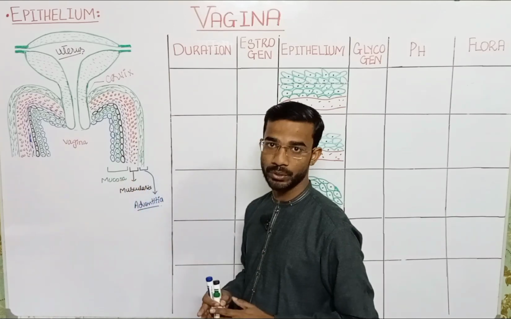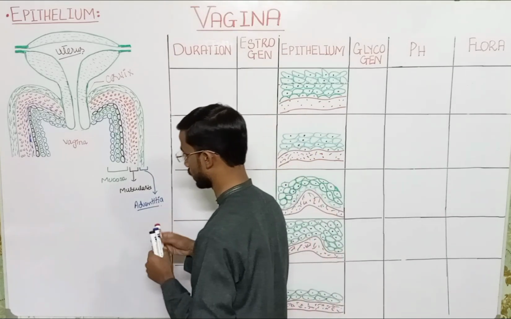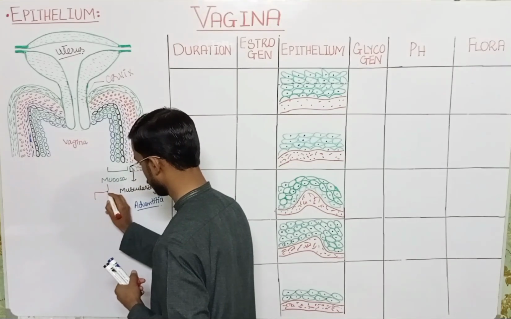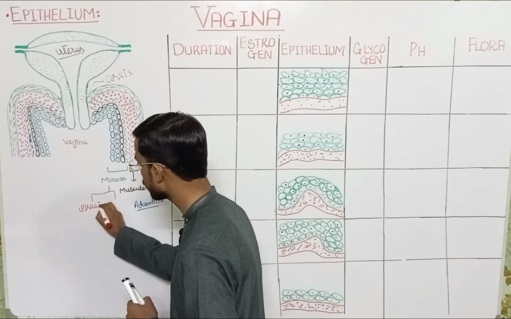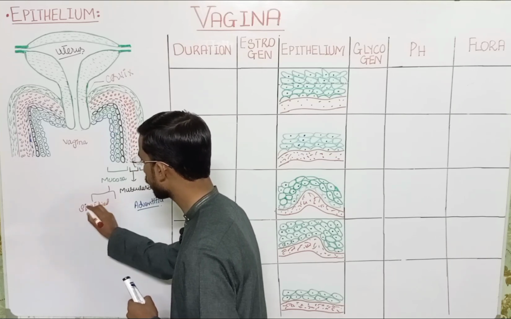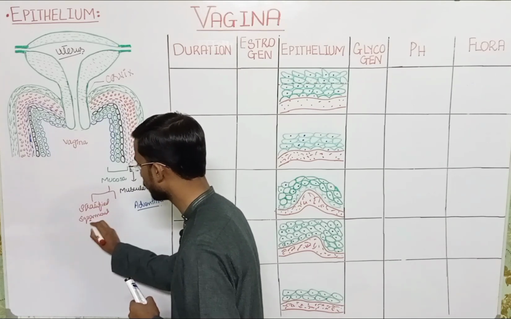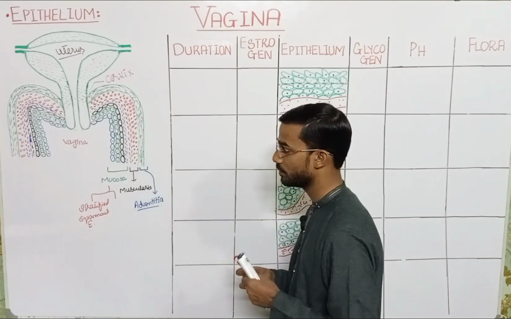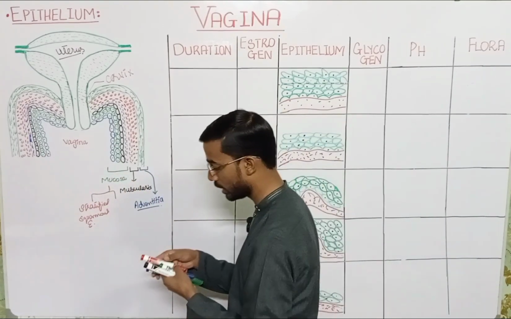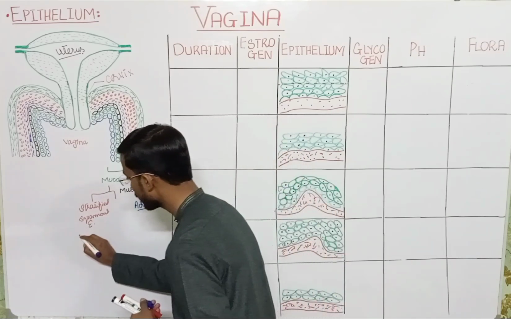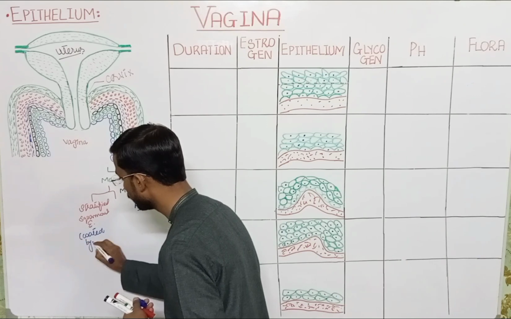Mucosa is further divided into two. So here you see that in the mucosa you will see two things. First is the stratified squamous epithelium. This is present innermost. Next, this is actually coated by mucus.